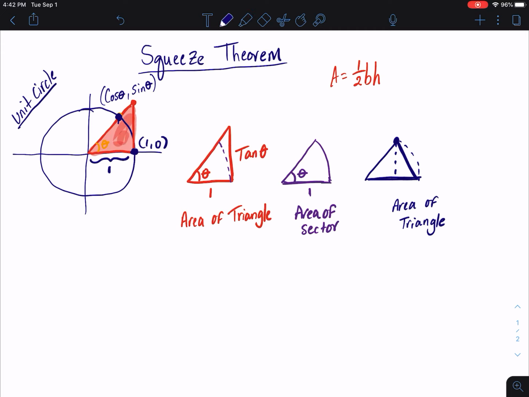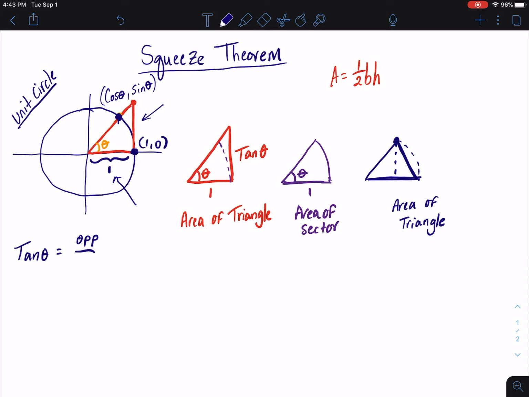Okay, so when we look at this full triangle, we know that if I'm looking at theta, for triangles, tangent is going to be opposite over adjacent. So in this particular case, my opposite side of theta is this one. My adjacent side is this one.